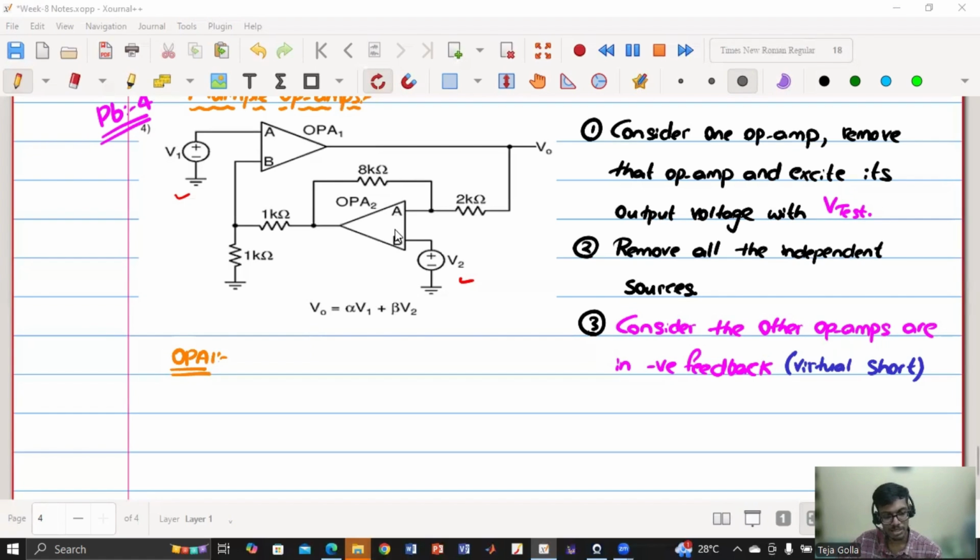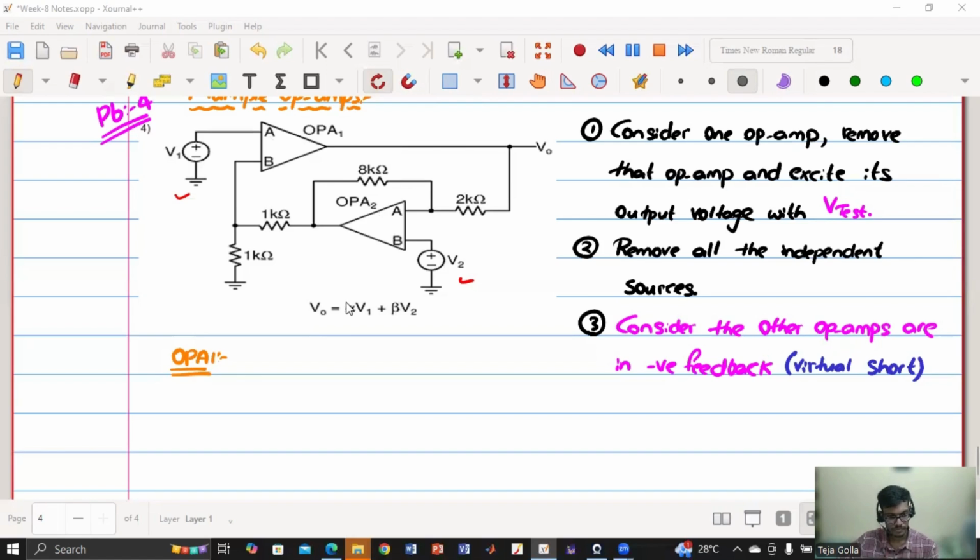I assume that without knowing these terminals to find out the terminals of A and B. So once I know these terminals, then I'll apply the test for this because now I know how this needs to be connected to be in the negative feedback.